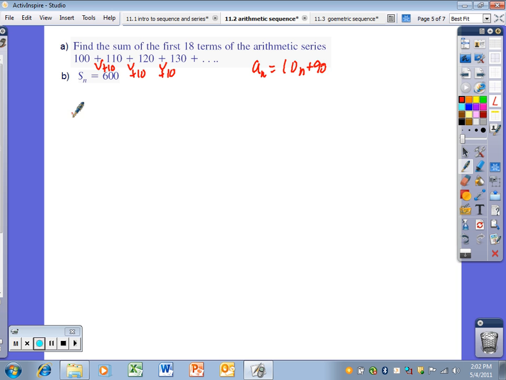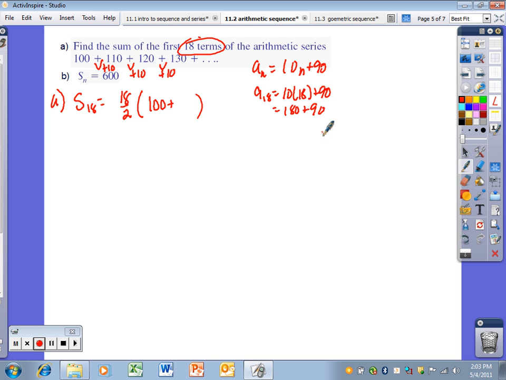Okay, so I want how many? 18 terms, so the sum of 18 will be 18 over 2 times the first term, 100, plus the last term, the 18th term. So I got to figure that out. The 18th term, 10 times 18 plus 90, 180 plus 90, 270. So plus 270. Half of 18 is 9 times 370 is 3,330.